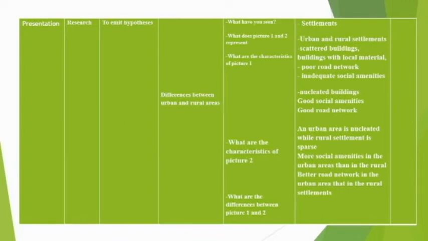More social amenities in the urban areas than in the rural areas, better road network in the urban area than in the rural settlement. So they can give as much as possible, but it depends on the time that you have.